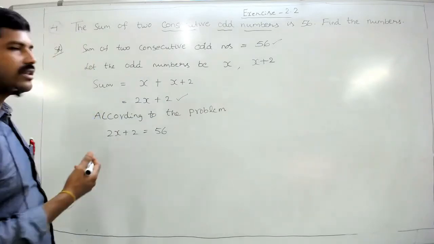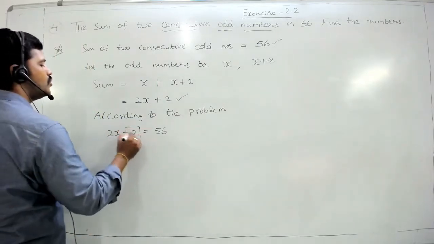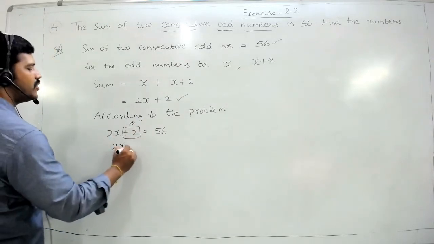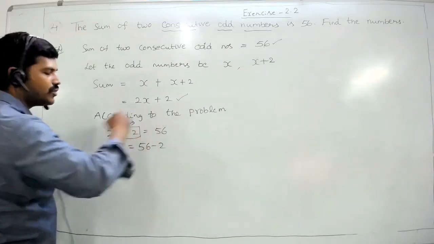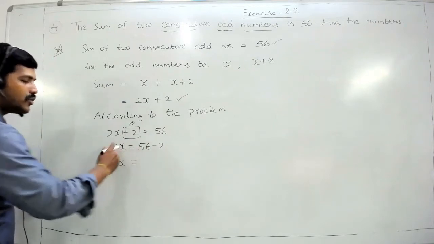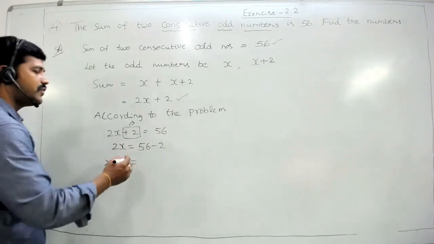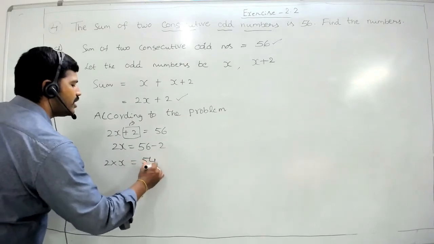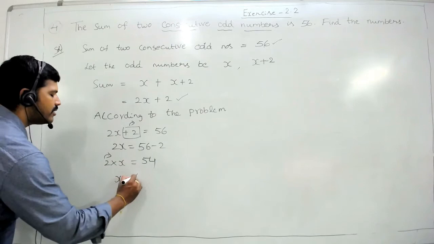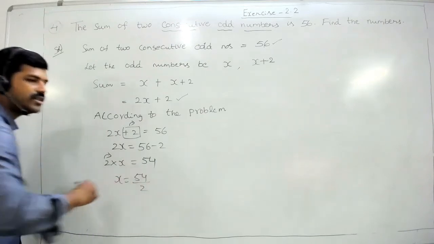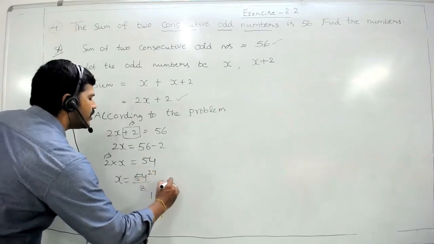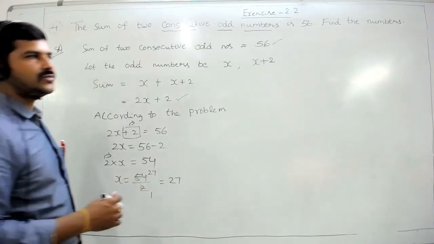Now let us concentrate on solving. Let's move 2 to the other hand side. We are left with 2x, 56 minus 2. 2 into x is equals to 56 minus 2, 54. 2 is multiplying, moves to the other hand, so that multiplication becomes division. In 2 table, 54 is 27 times.